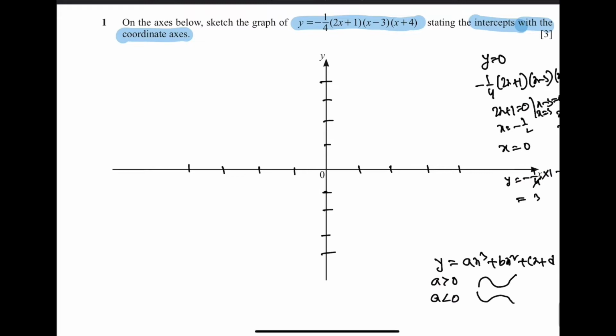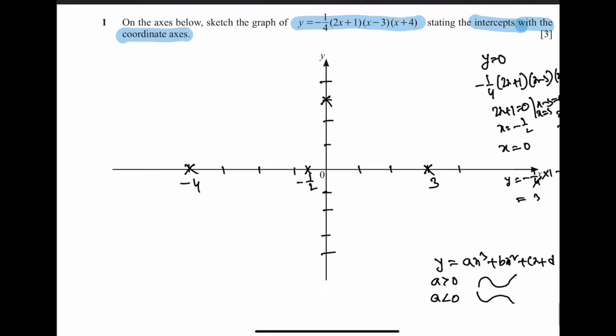Now on the x-axis, x equals minus half, let me put a cross here. Then x equals 3. Then x equals minus 4. Let me label it: 3, minus half, minus 4, 3.